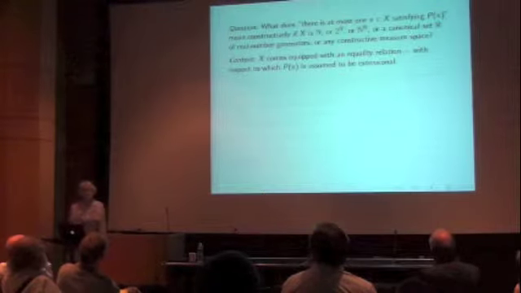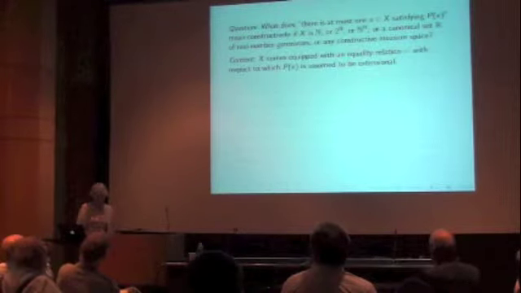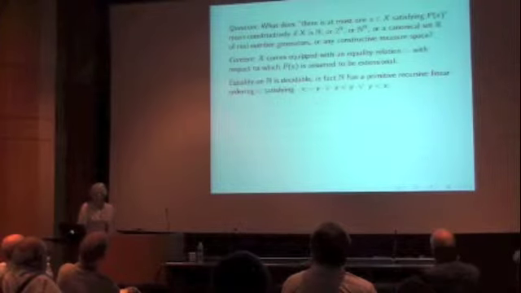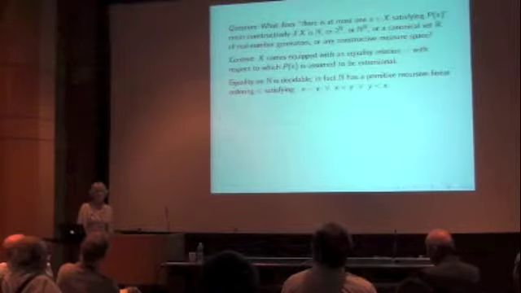The context is that X comes equipped with an equality relation with respect to which P of x is assumed to be extensional. Equality on N, of course, is decidable. In fact, N has a primitive recursive linear ordering satisfying the usual comparability condition.